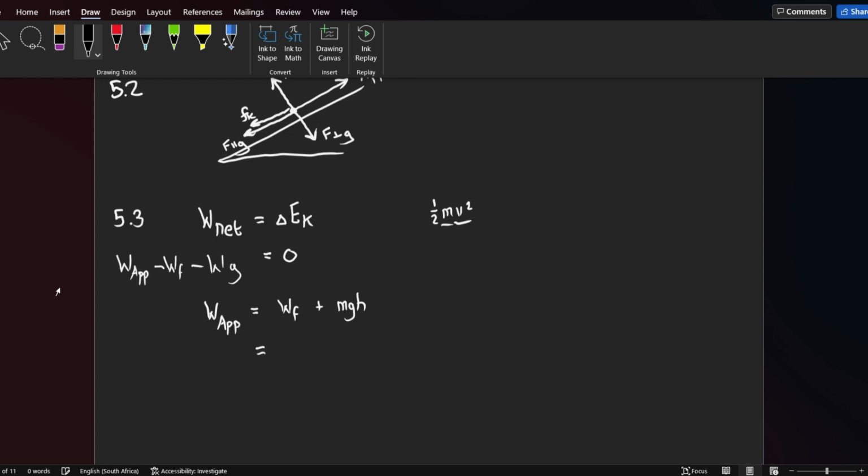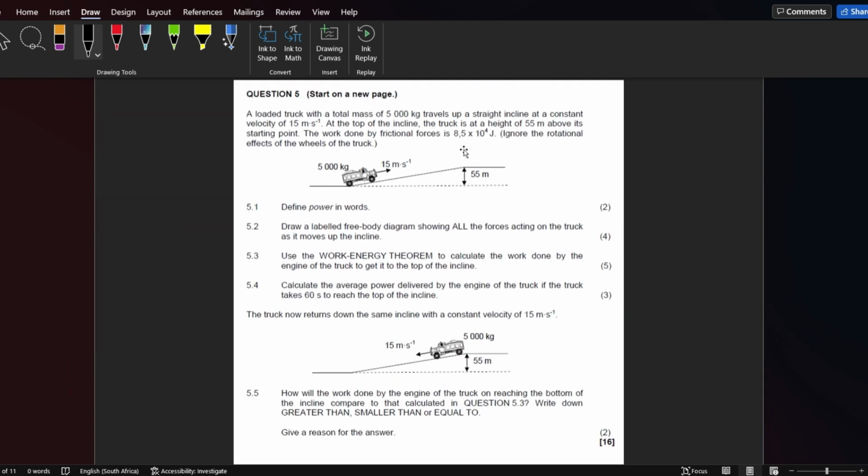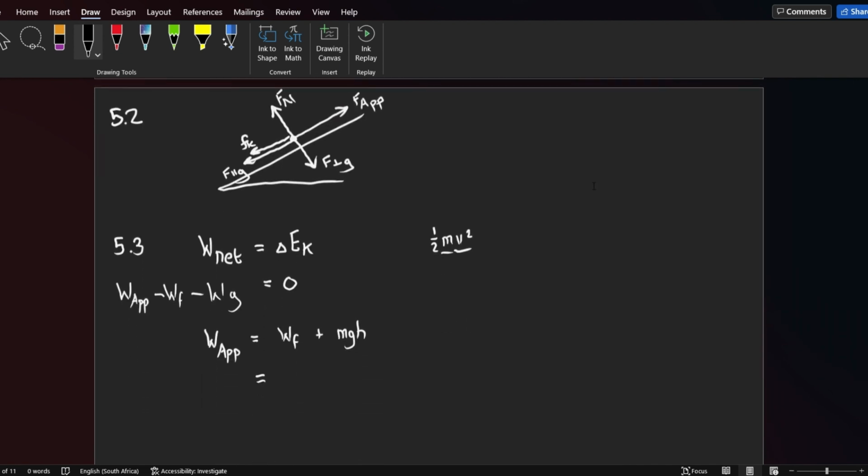And the work due to friction, they gave it to us as a value. They said work done by frictional forces is 8.5 times 10 to the power 4 joules. So we can go and substitute that in. 8.5 times 10 to the power 4, and substitute our mass, which is 5,000 kilograms. The gravitational acceleration is 9.8, and the height was 55 meters.